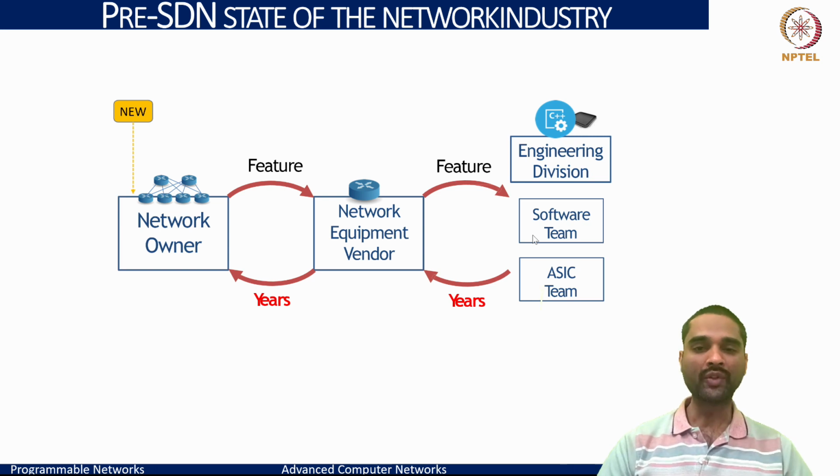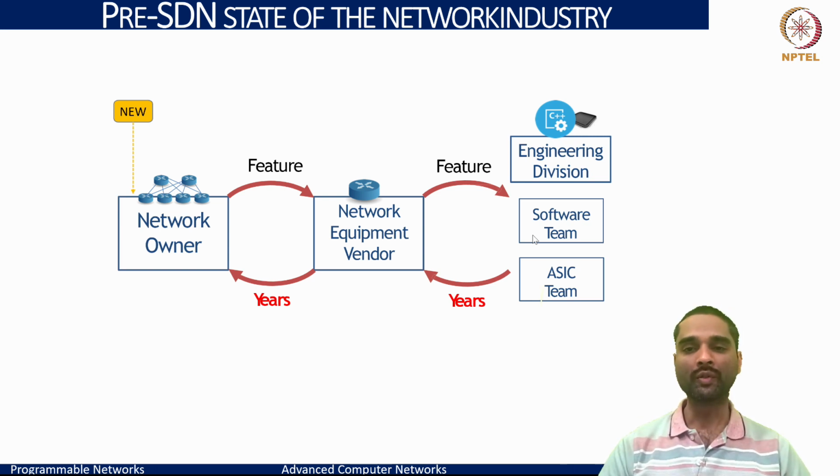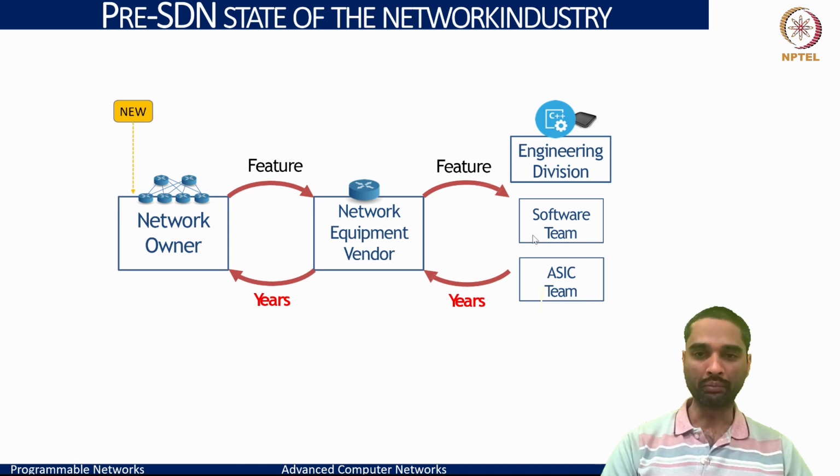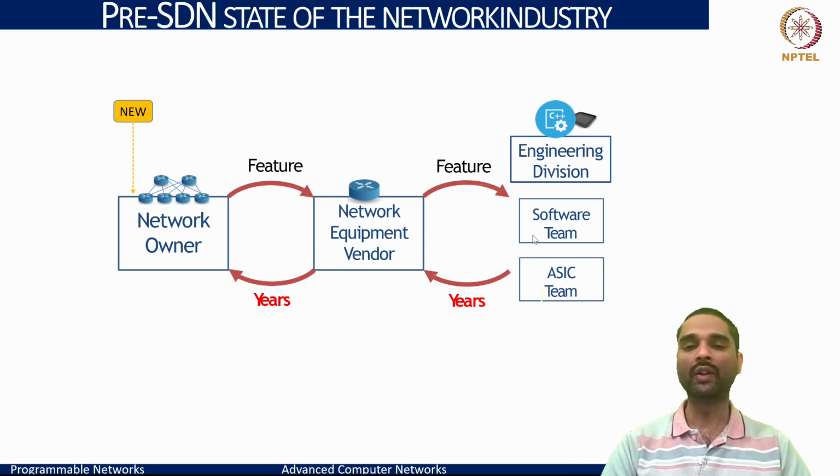And once the network equipment vendors bring in those features, deployed through their engineering division team either as software or in the ASIC, in the hardware, and then push back these prototype equipments that could now be tested by the network owners, we have seen this kind of a cycle takes years together.